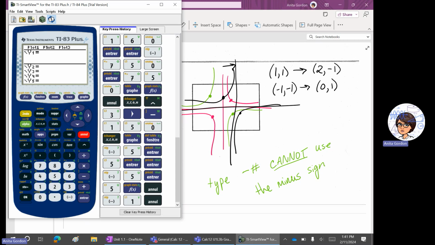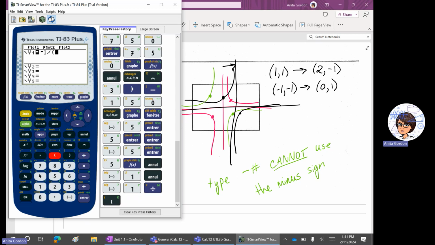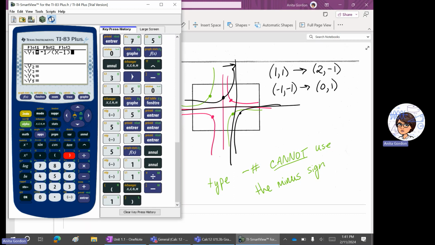Okay, so I'm going to clear this again. So I'm not writing minus 1, I'm writing negative 1. So negative 1 divided by bracket x, whoopsie, where were we here? x minus 1, close bracket.